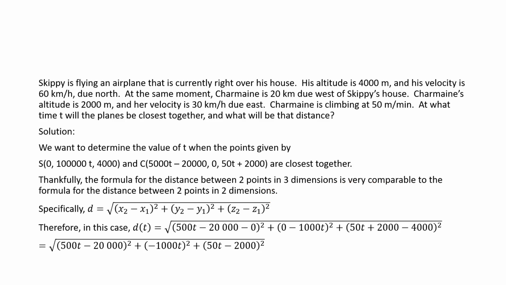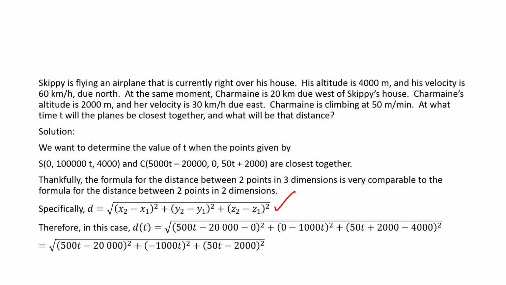Now we want to determine the value of t when those 2 points are closest together, and thankfully the formula for distance between 2 points is very comparable to the distance between 2 points in only 2 dimensions, and the formula is actually given on your screen there. It's the square root of x2 minus x1 quantity squared plus y2 minus y1 quantity squared plus z2 minus z1 quantity squared.